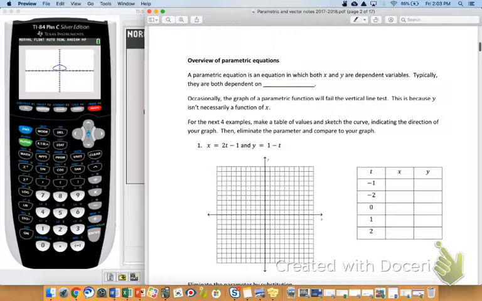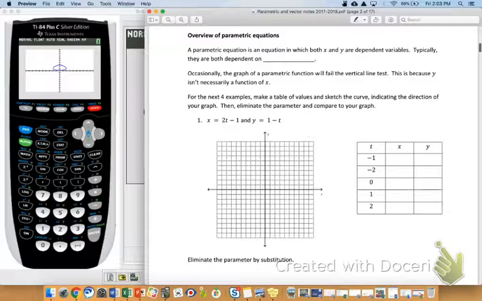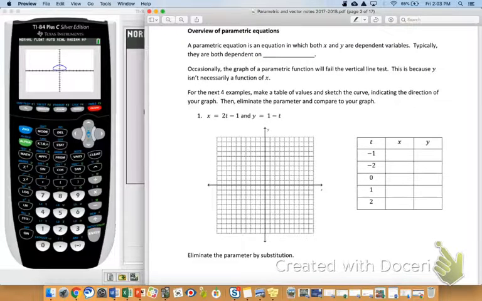How did we make that function again that gave us pi? One over one plus x squared.